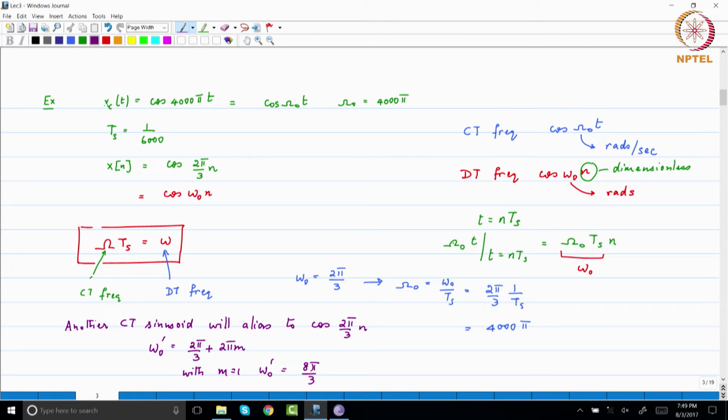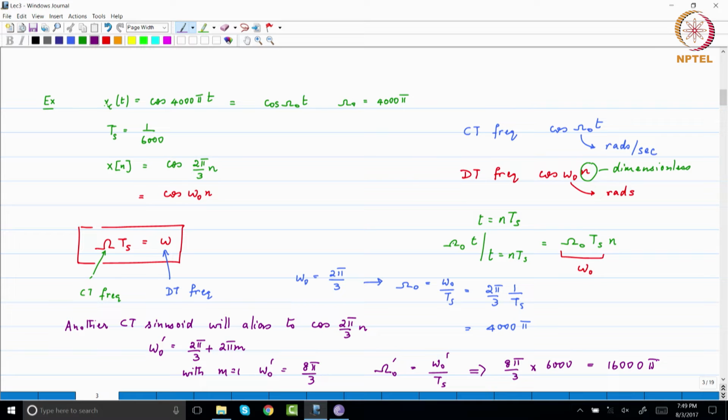Now, how do I convert it into the corresponding continuous time frequency? We know the relationship. So, this gives me omega naught prime divided by Ts, same sampling frequency. This is the one that actually produced the aliasing. So, this basically says it will be 8 pi by 3 into 6000, that will be 16,000 pi.